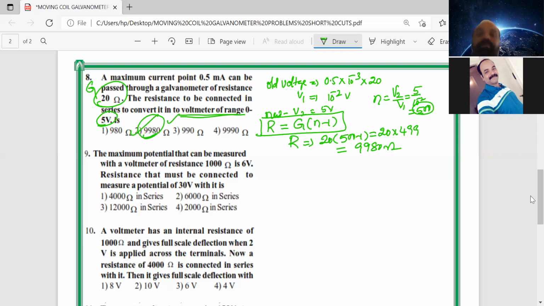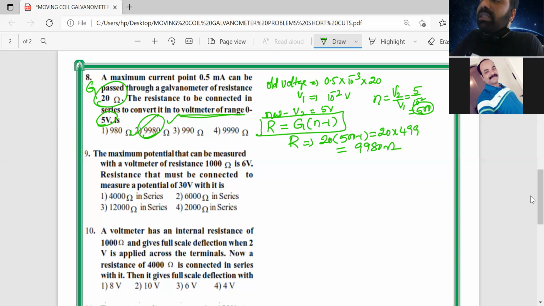So option 2 is the correct answer, 9980 ohms. Now see the next problem: the maximum potential that can be measured with a voltmeter of resistance 1000 is 6 volts. The resistance must be connected to measure a potential of 30 volts.